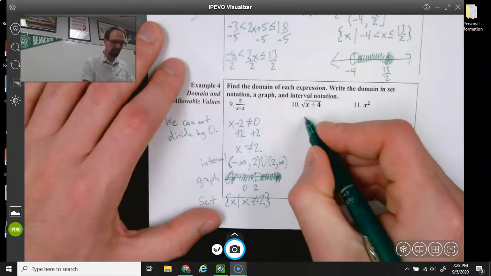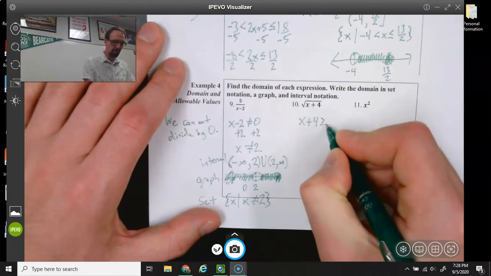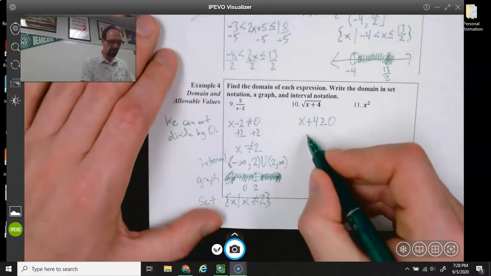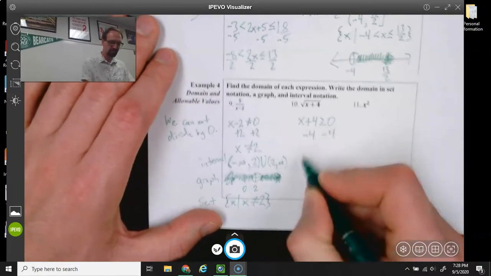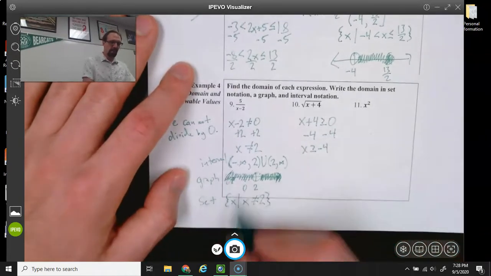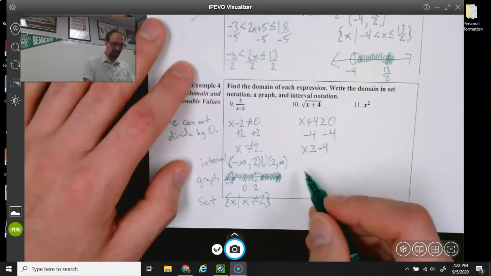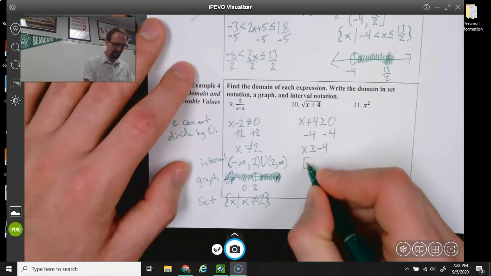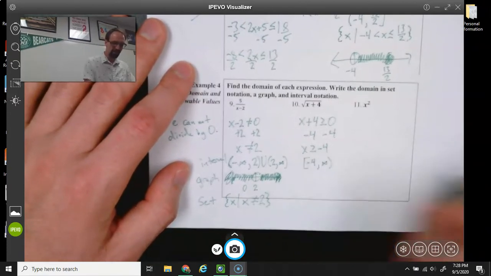So we set whatever is underneath the radical greater than or equal to 0 and then solve. If I subtract 4 from both sides, I get x is greater than or equal to negative 4. I'm going to continue this pattern here. My interval notation starts at negative 4 and goes to infinity.